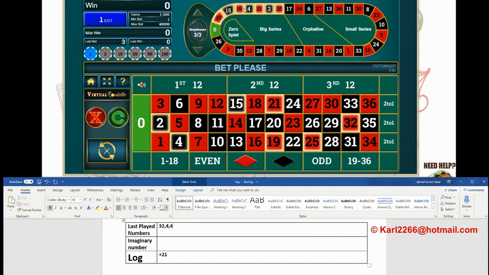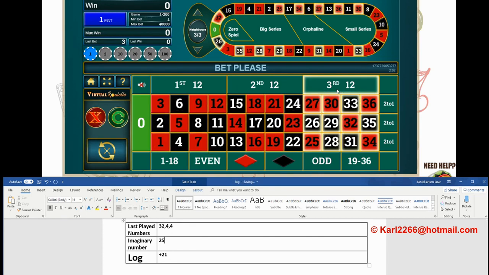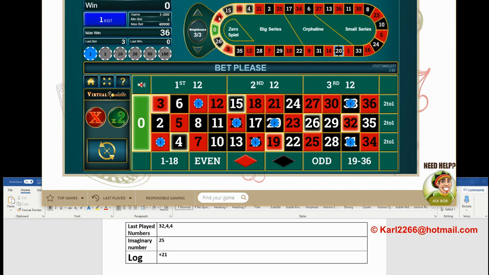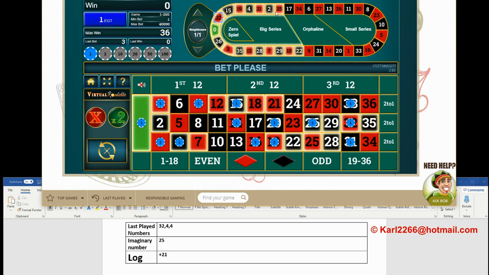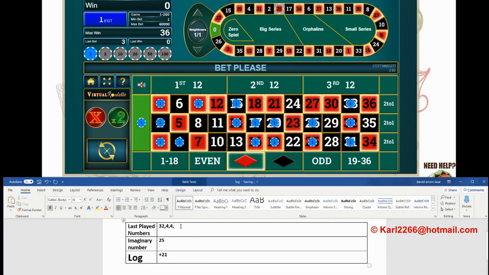Terminal from 25 is 32. So with 4 you do plus 21, which is 25. And terminals from 25 are 20 and 32, and you place bets also on 25, and the new winning number is number 20.